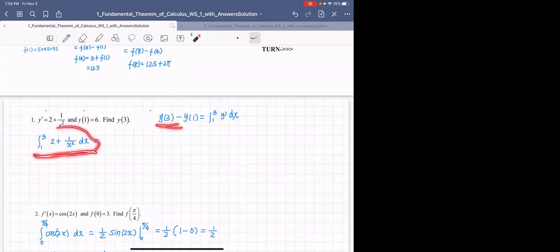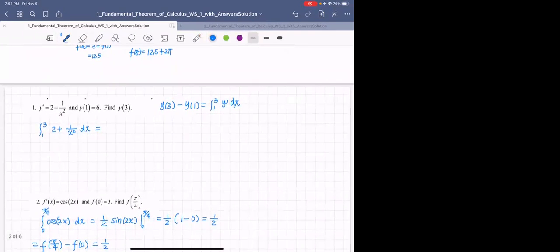Let's go ahead, do this integral first. So it's going to be 2x. The antiderivative for that one is 2x, evaluated from 1 to 3. And then who is this guy?